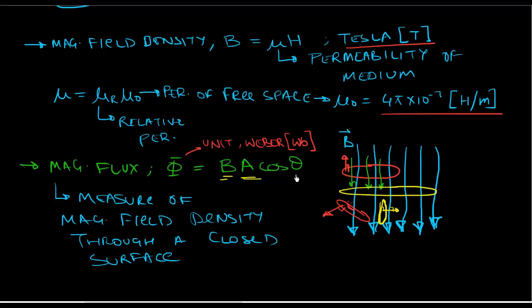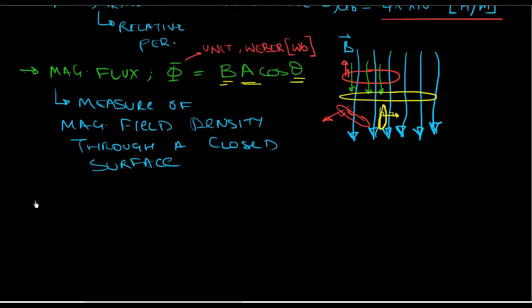So that is where this angle comes into play. So there are 3 things that the magnetic flux depends on. It's the magnetic field density. I can change the magnetic field density and change the flux. I can make the area larger or smaller, or I can change the angle of the area and my magnetic flux would change.